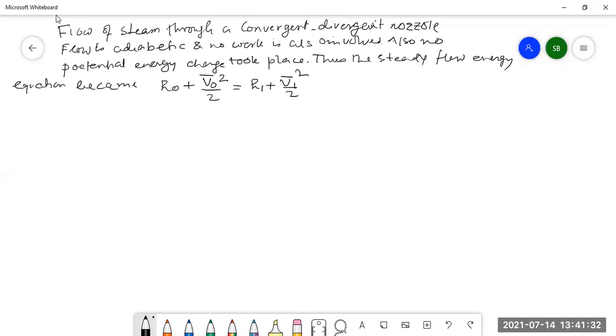That is, internal energy plus kinetic energy of the incoming jet is equal to the internal energy plus kinetic energy of the outgoing jet, provided there is no loss anywhere during the work itself.